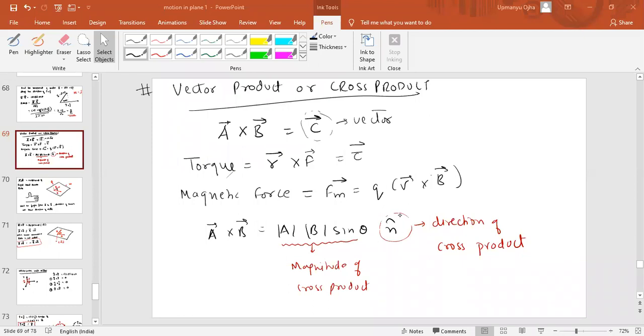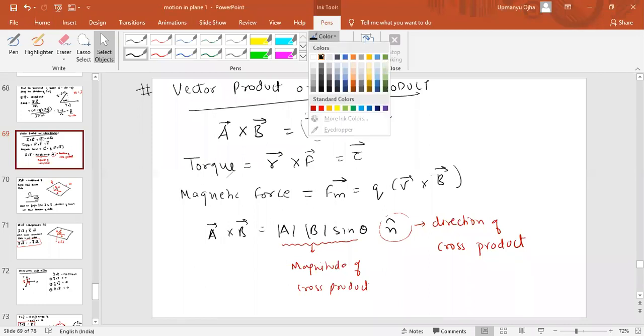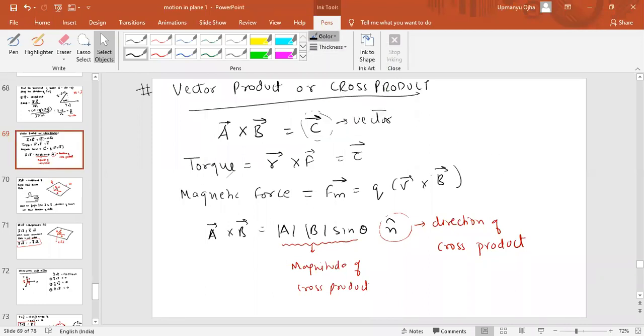And if I multiply with n cap, I get the direction of the vector. Which means, can I write here mod A cross B is equal to simply mod A mod B sine theta, na? Is this correct or not? This is the magnitude I am writing, not with direction.